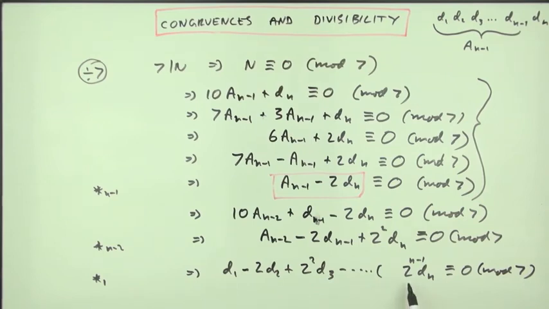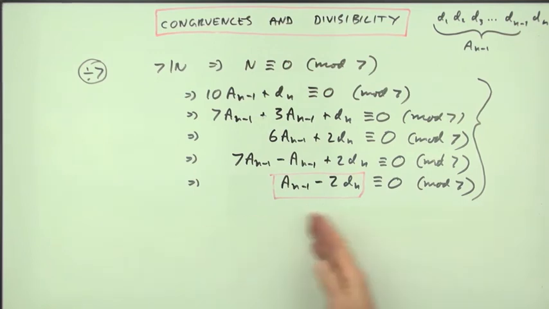And of course it's alternating signs, but I can incorporate that into that. So negative 2 to the power n minus 1. But that's no use at all. The amount of work you would have to do to check if you arrived at a number that divides by 7, you're as well just dividing the number in the first place. So the best you can do is just stick with this algorithm.